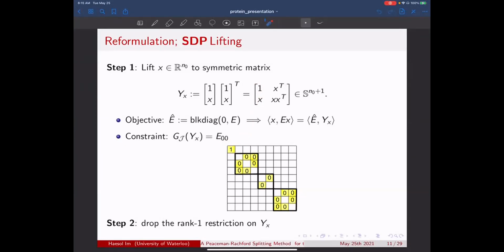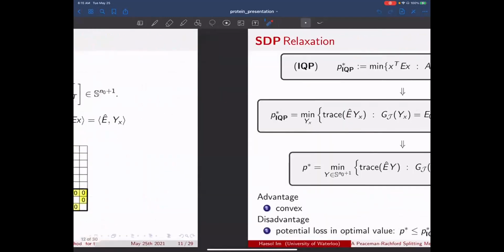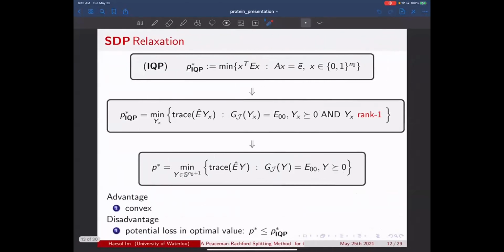After lifting the variable, the second thing to do is to drop the rank 1 restriction on our variable Y sub x. This is a summary of what we've done so far. We started with this binary quadratic problem, lifted the variable, and formed this equivalent minimization problem, but we had to put this rank 1 constraint on the variable.